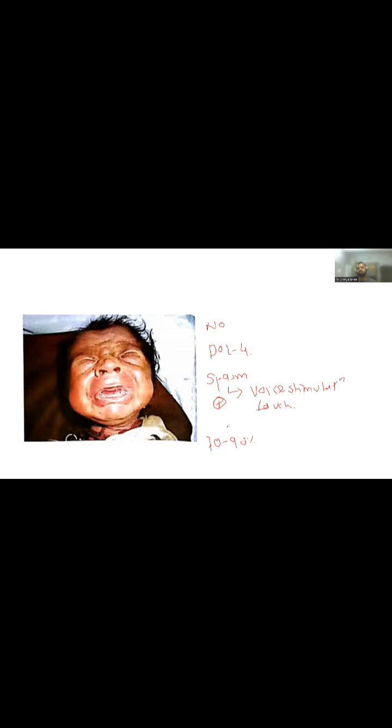You have to give tetanus immunoglobulin in this patient along with tetanus vaccination and penicillin, and you have to sedate the patient with benzodiazepines, because if you do not sedate, the patient will have continuous spasm. Now the antitoxin that you give binds to the free toxin, but the toxin that has already bound, the tetanospasmin that has already bound to the spinal cord, cannot be stopped by the immunoglobulin.